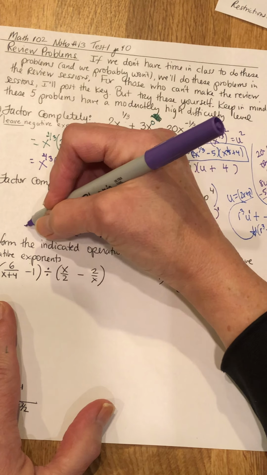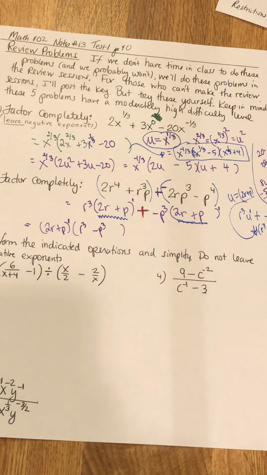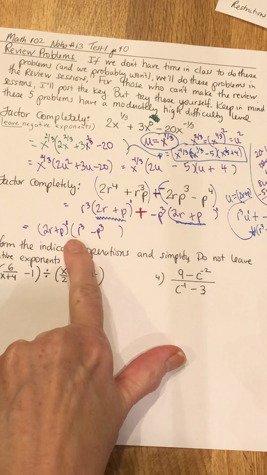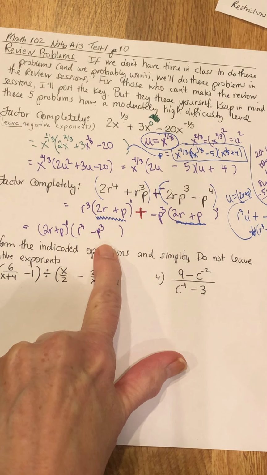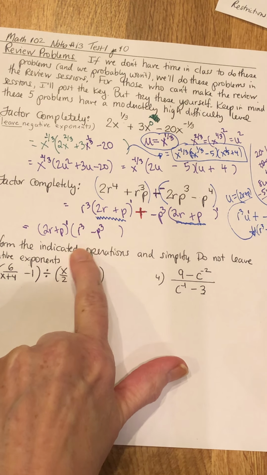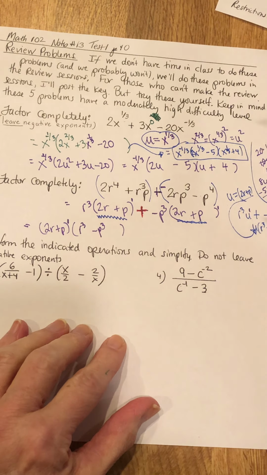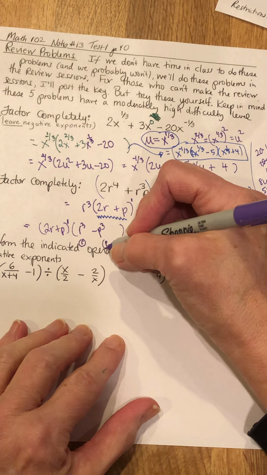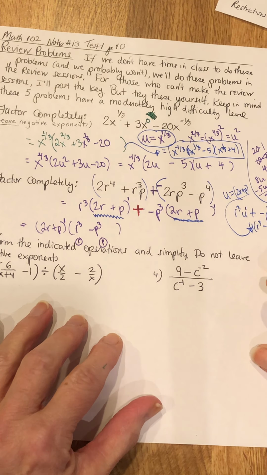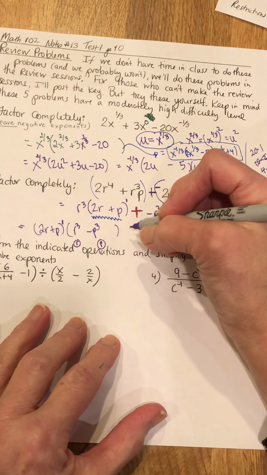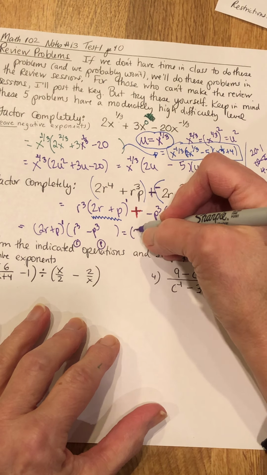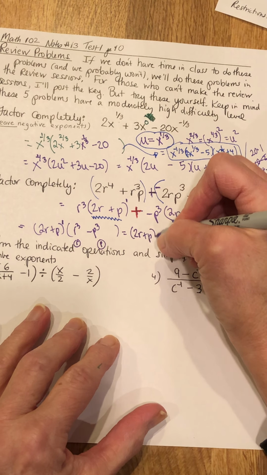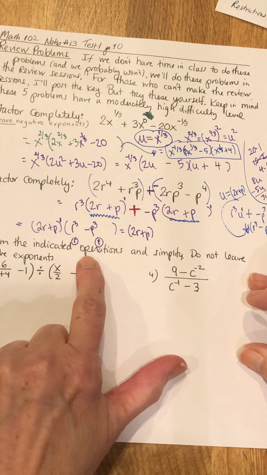Okay, and we're still not done. You have to recognize this factor is not prime. It is the difference of 2 cubes. And the cube roots are r and p. Cube root r, cube root p, and I'm just going to follow the pattern. So you have to have that pattern memorized. So first I'm going to copy down the 2r plus p. Then difference of two cubes, it's two factors.